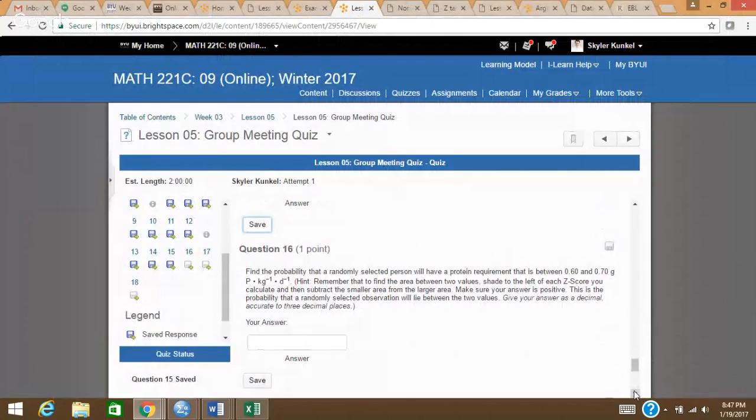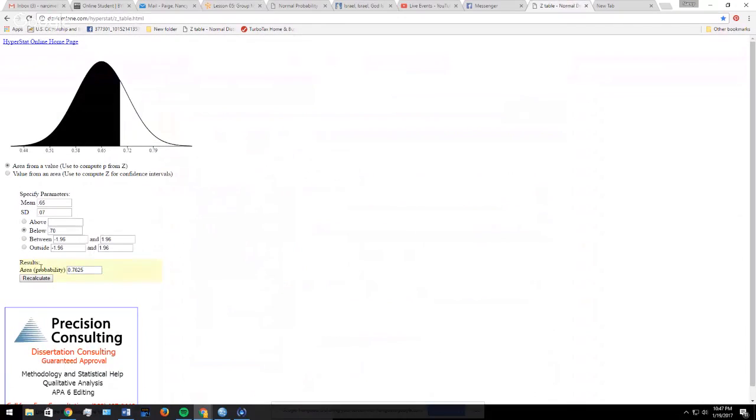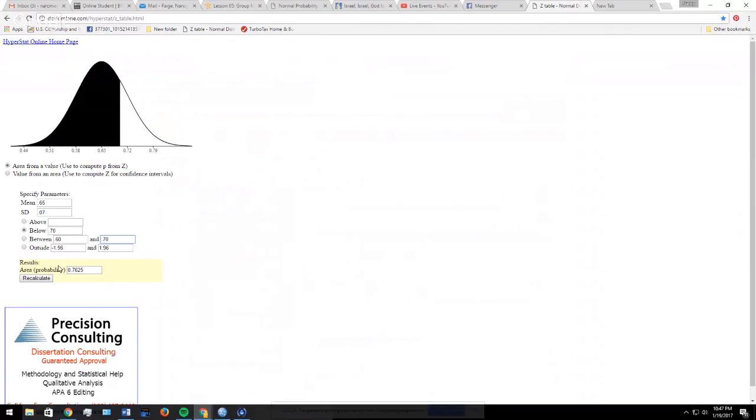Probability that a randomly selected person will have a protein requirement that is between 60 and 70 grams. So it's between 60 and 70. Five, 50. 4.